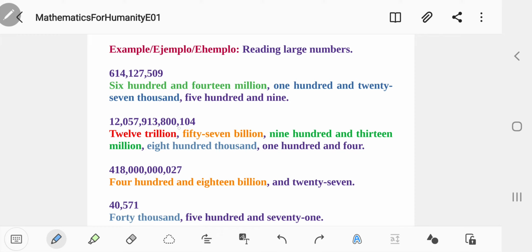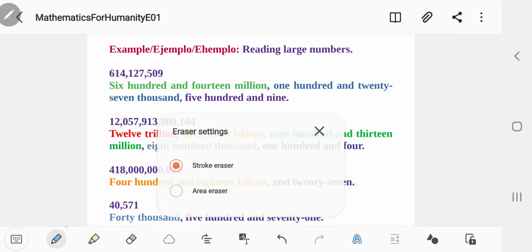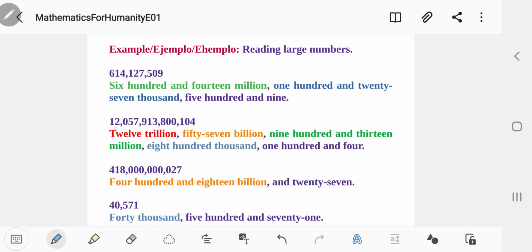This one, you have the groups: this one is in the units group, this one is in the thousands place, this one is in the millions place, this one is in the billions place, and this one is in the trillions place. So how do we read these numbers? Here you have 12, but this is in the trillions place, so you have 12 trillion.